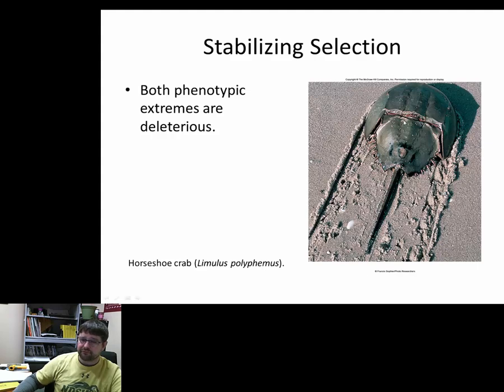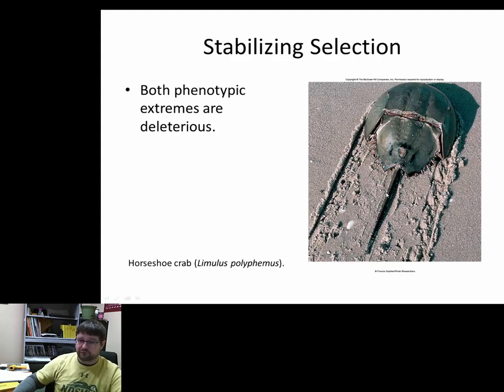So they can't spend very much time outside the water. One thing is if you're really large, you take up a lot more heat while you're outside of the water. You have a much higher evaporation rate, and so large horseshoe crabs don't make it very well. The other extreme is being very small.